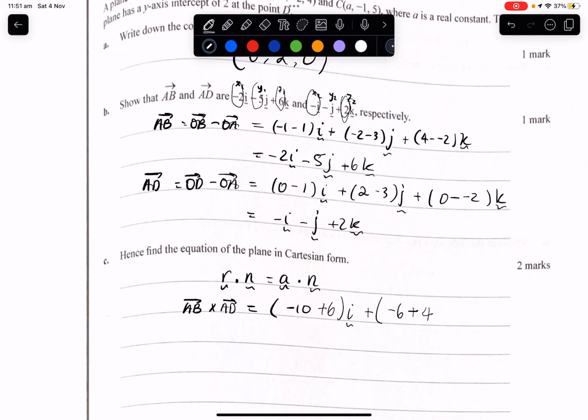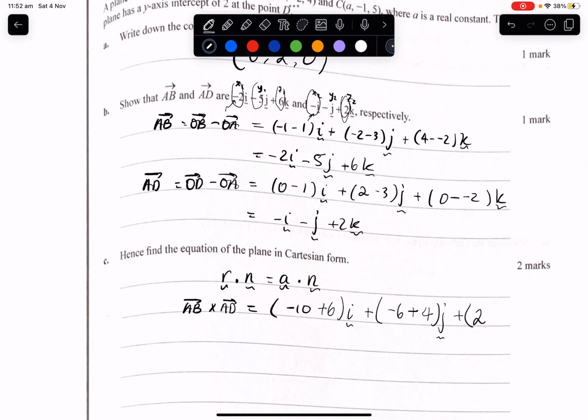Yeah, and that's j, and then plus k is x1 y2, so x1 is -2, y2 is -1, so that would just be 2, minus x2 y1, so minus plus 5.